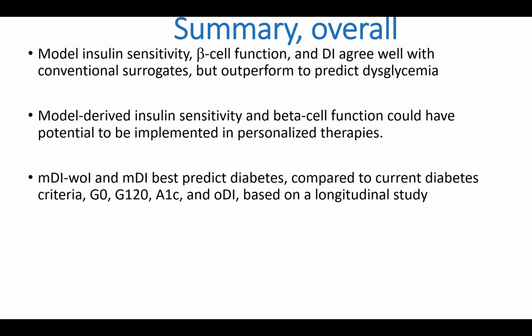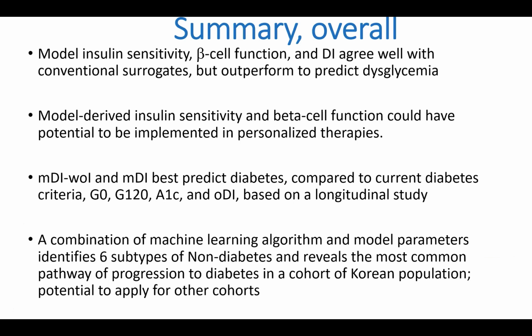MDI without insulin best predicts diabetes compared to current diabetes criteria: fasting glucose, 2-hour glucose, A1C, even ODI, based on a longitudinal study. So a combination of machine learning algorithm and model parameters identified subphenotypes of non-diabetes and revealed the most common pathway of progression to diabetes in a cohort of Korean populations. This is potentially applicable to other cohorts.